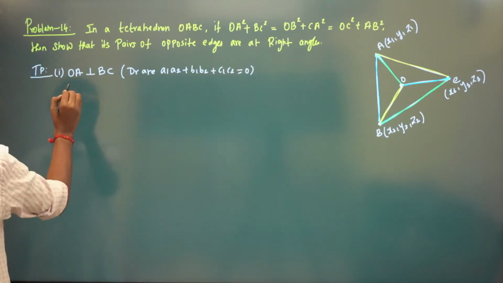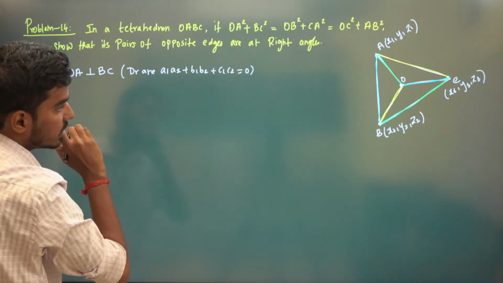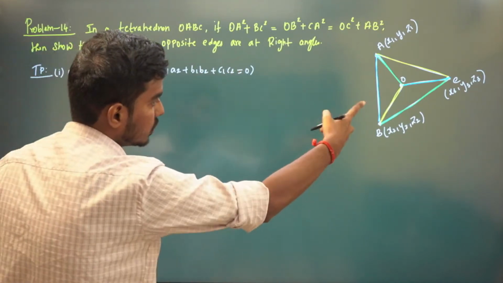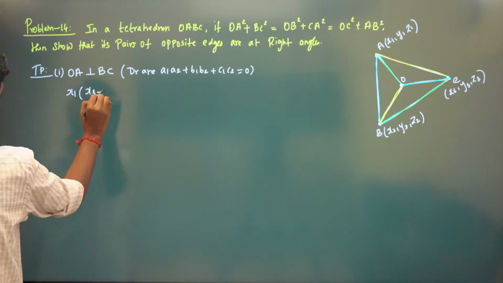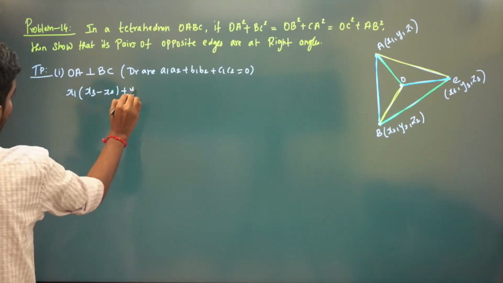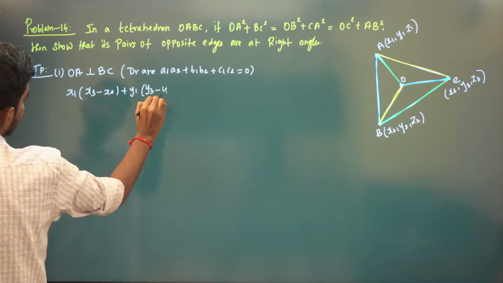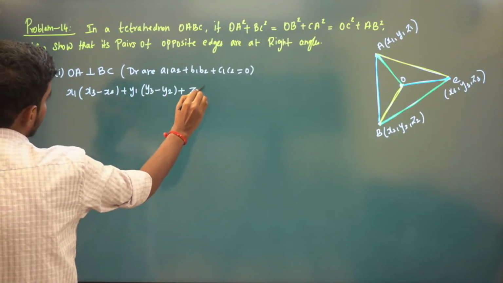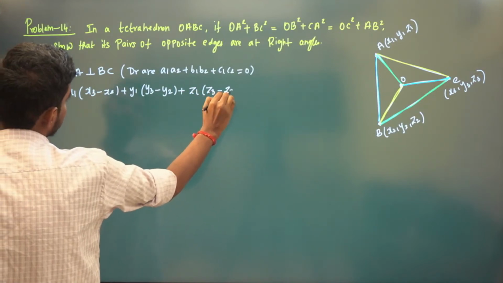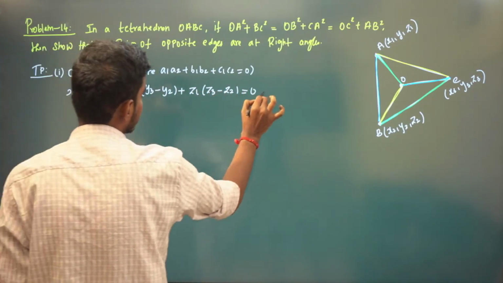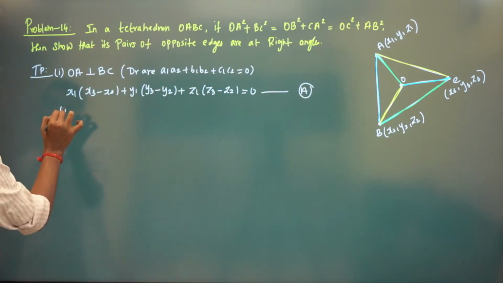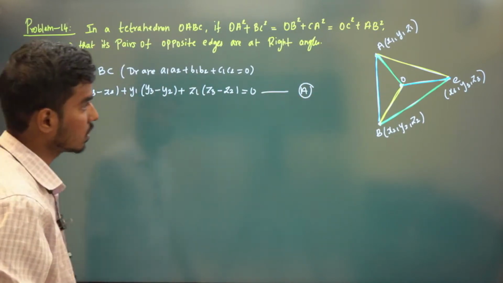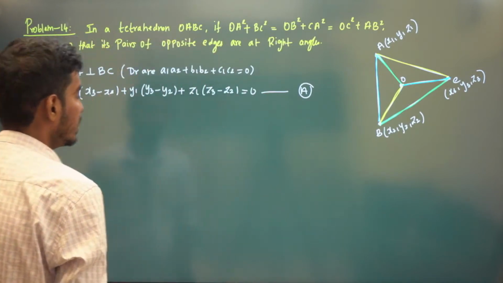So OA direction ratio is x1, y1, z1, and BC direction ratio is x3 minus x2, and so on. So we need to prove x1 times (x3 minus x2) plus y1 times (y3 minus y2) plus z1 times (z3 minus z2) is equal to 0. This is the first thing we need to prove. The second thing we need to prove is OB is perpendicular to AC.